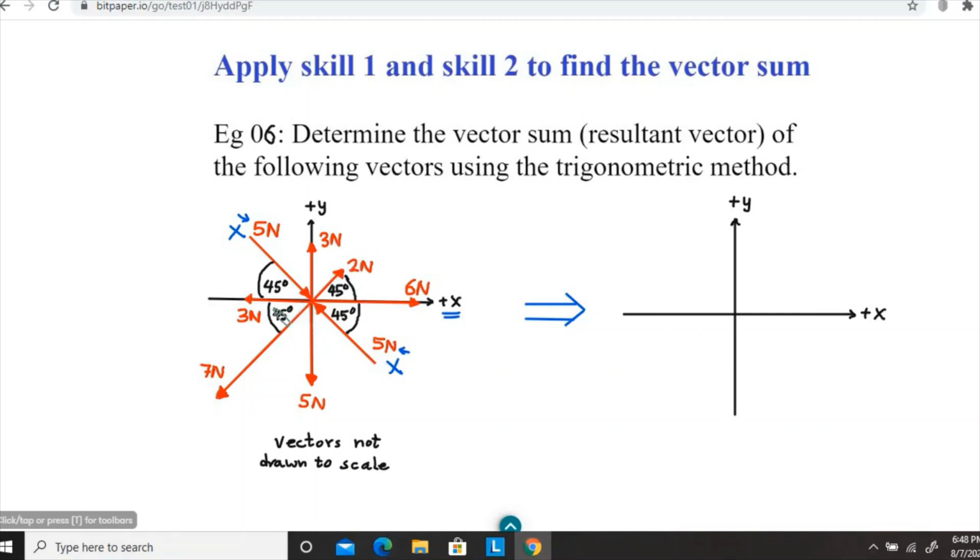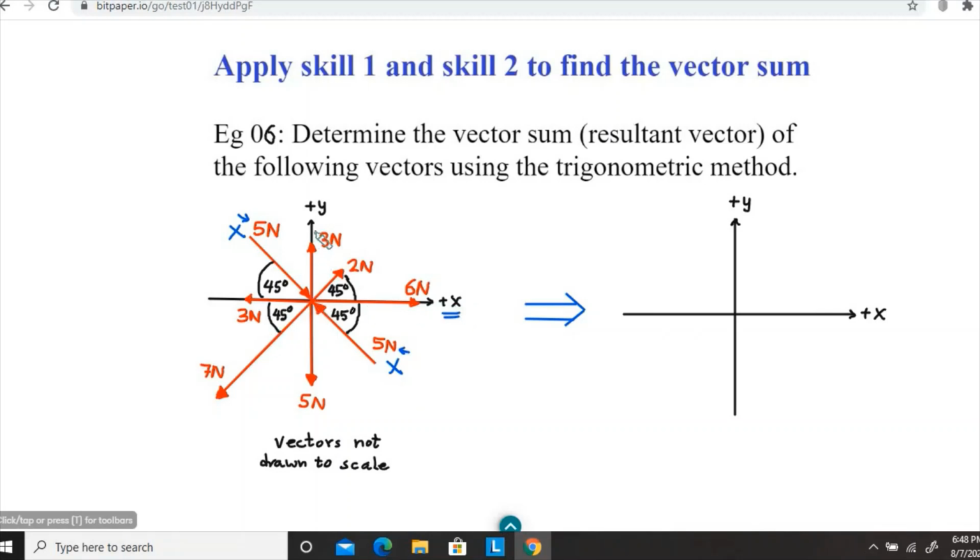Now, similarly, we can talk about these horizontal vectors. The 6 Newton vector is to the right and the 3 Newton vector is to the left. So if you think about tug of war, it's like 6 Newtons is larger than the 3 Newtons. So you are going to have a net force of 3 Newtons to the right.